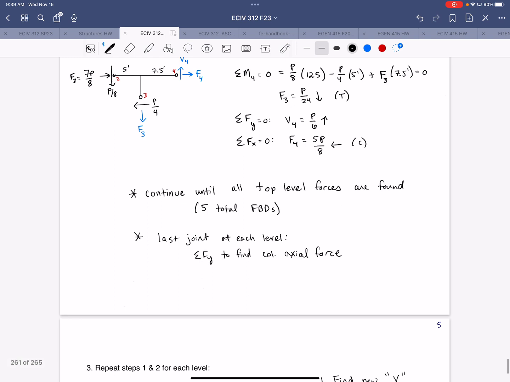All right, then you've found all the unknowns, but still check sum of forces in X and sum of moments before moving on to the next level.